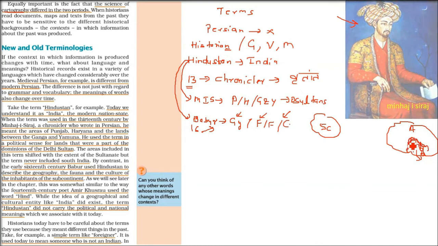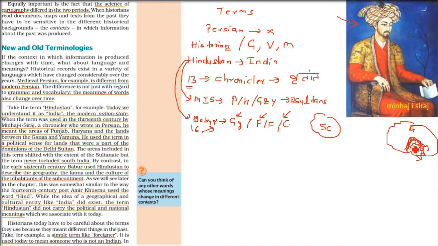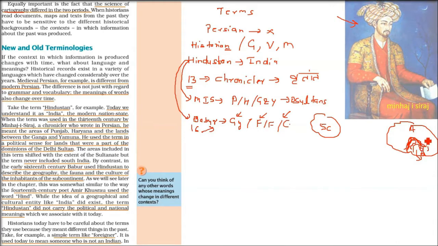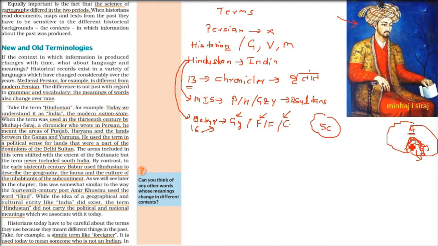Because we have the Himalaya, we have a proper boundary. That is why we are a continent in a continent. So this area was called a subcontinent, Upamahadweep.